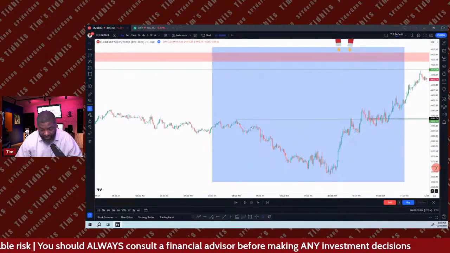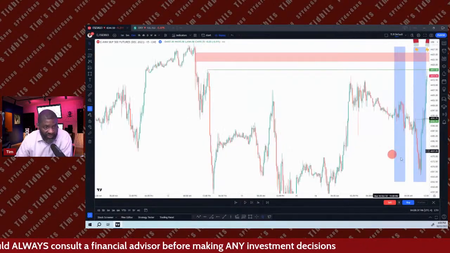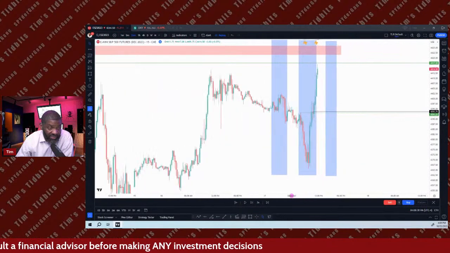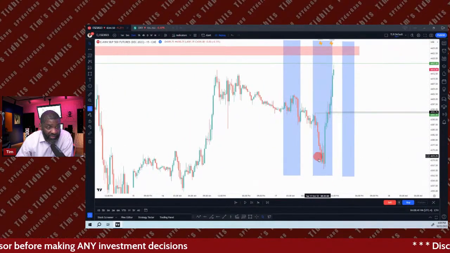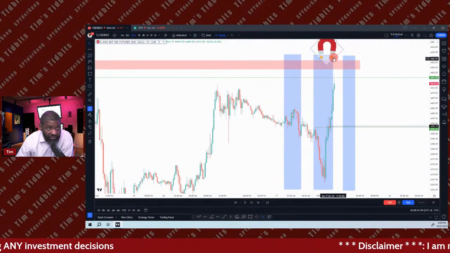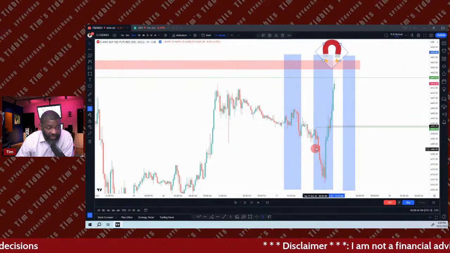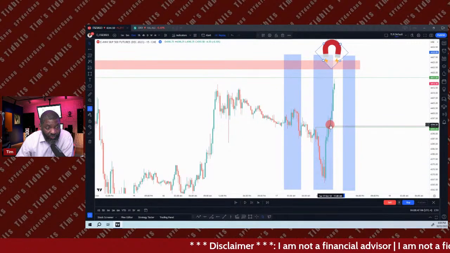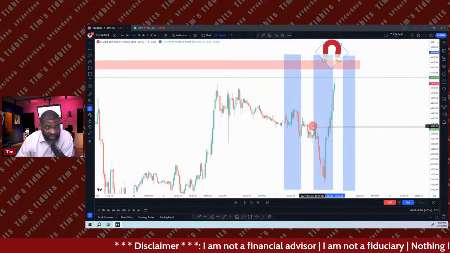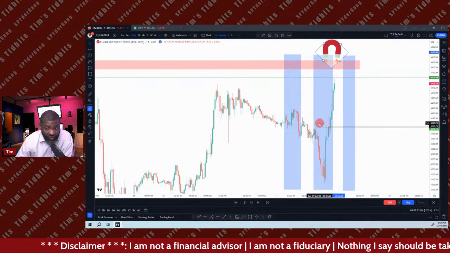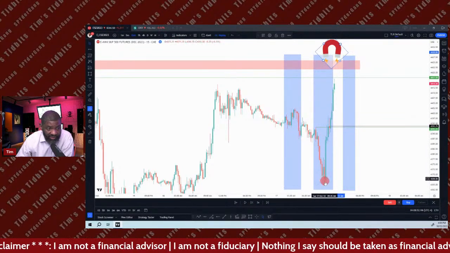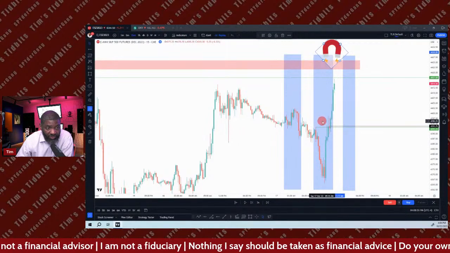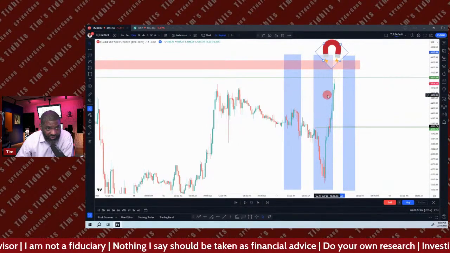But back to what we were talking about, the Judas swing. That's it in a nutshell, man. It's just leading price the wrong way, leading the price away from the draw, and then immediately reversing and giving you a breaking market structure back toward the draw.